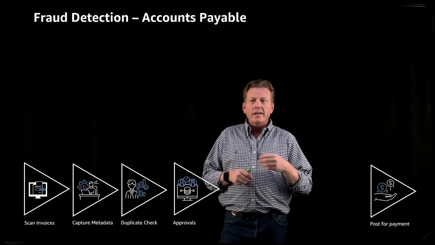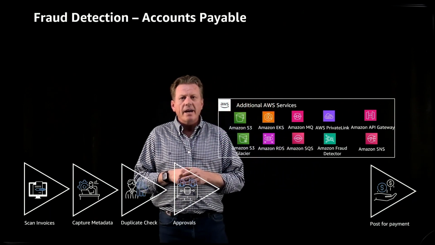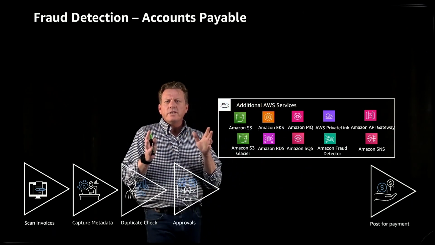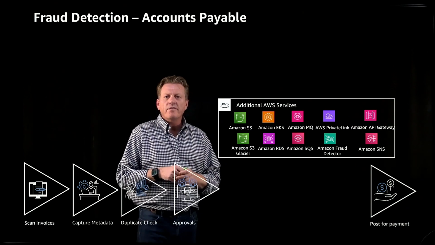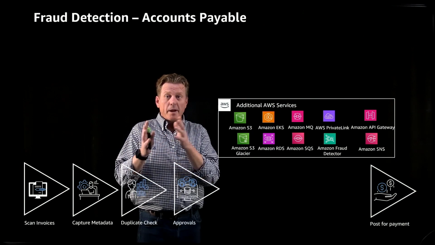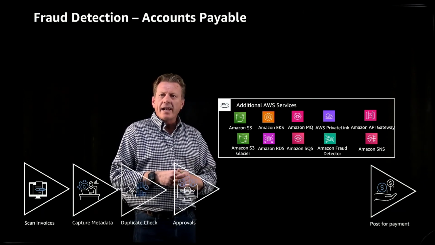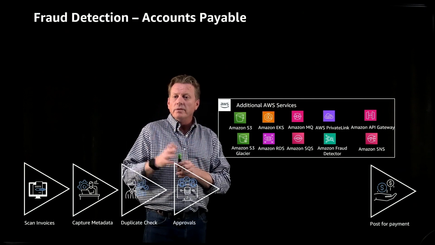We introduced AWS Fraud Detector both for accounts receivable and accounts payable. And really what Fraud Detector adds to the ERP Pay list of functionality is to be able to vet account onboarding and to be able to vet accounts receivable, but also to be able to scan outbound accounts payable from SAP.